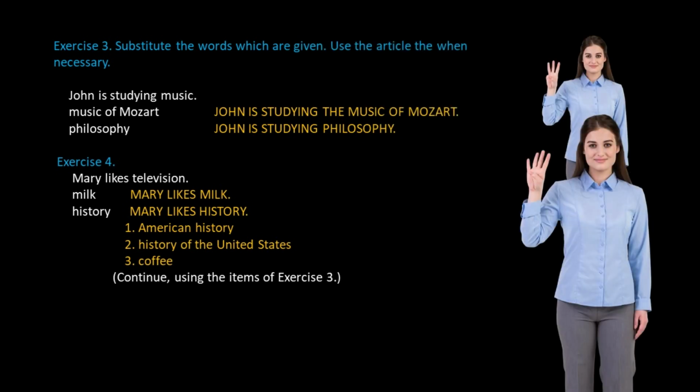Exercise 3. Substitute the words which are given. Use the article the when necessary. For example, John is studying music. Music of Mozart. John is studying the music of Mozart. Philosophy. John is studying philosophy.